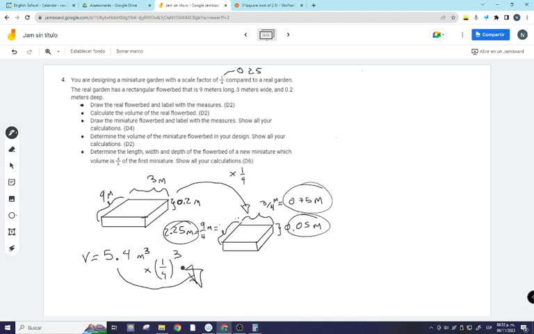Either of them were correct. So remember, 0.05 times 0.75 times 2.25 will give you the volume of the new figure. We are going to do it.